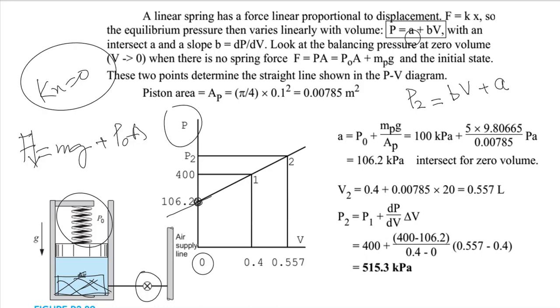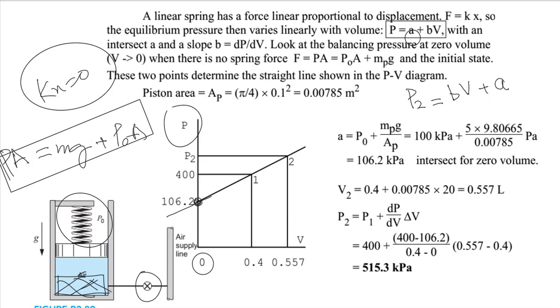So at the bottom of the cylinder, we have the equation: pressure into area of the piston would be equal to mg plus P naught into A. This is the condition at the bottom of the cylinder, when kx is equal to 0.